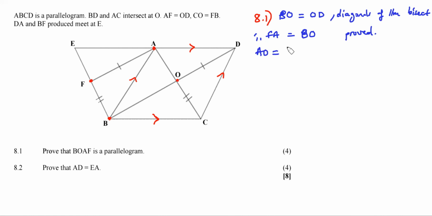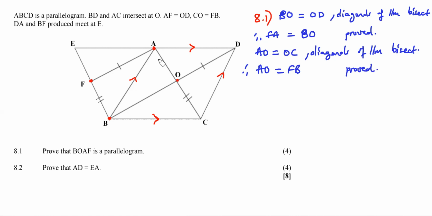AO is equal to OC, because we're looking at this parallelogram that we are given already. So diagonals of a parallelogram bisect. Now, when we have that, we can conclude, therefore, AO will be equal to FB. We have proved that.